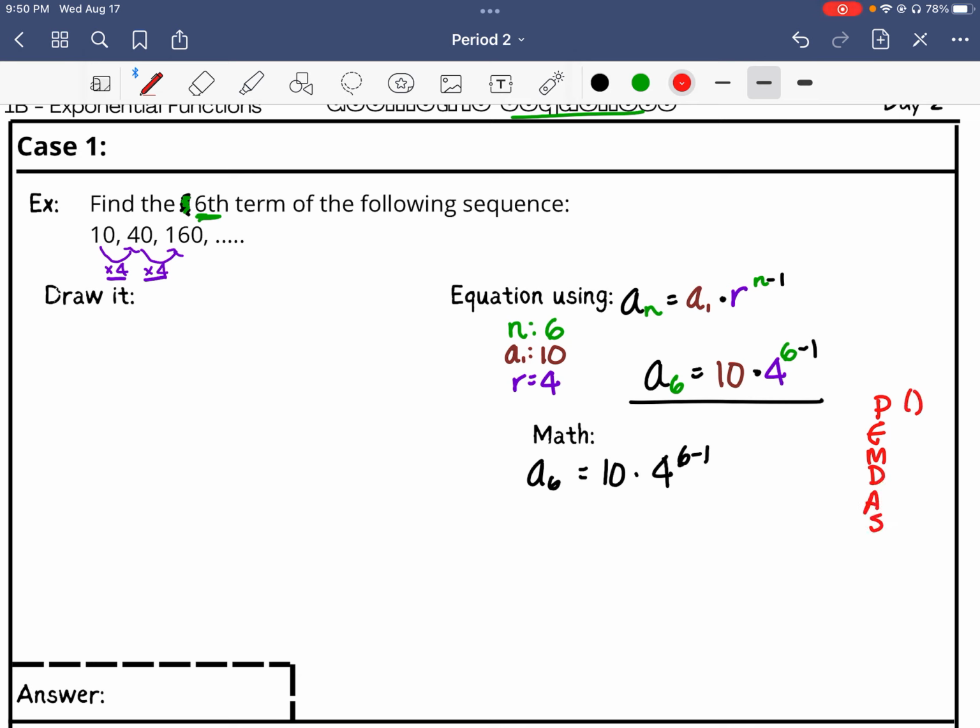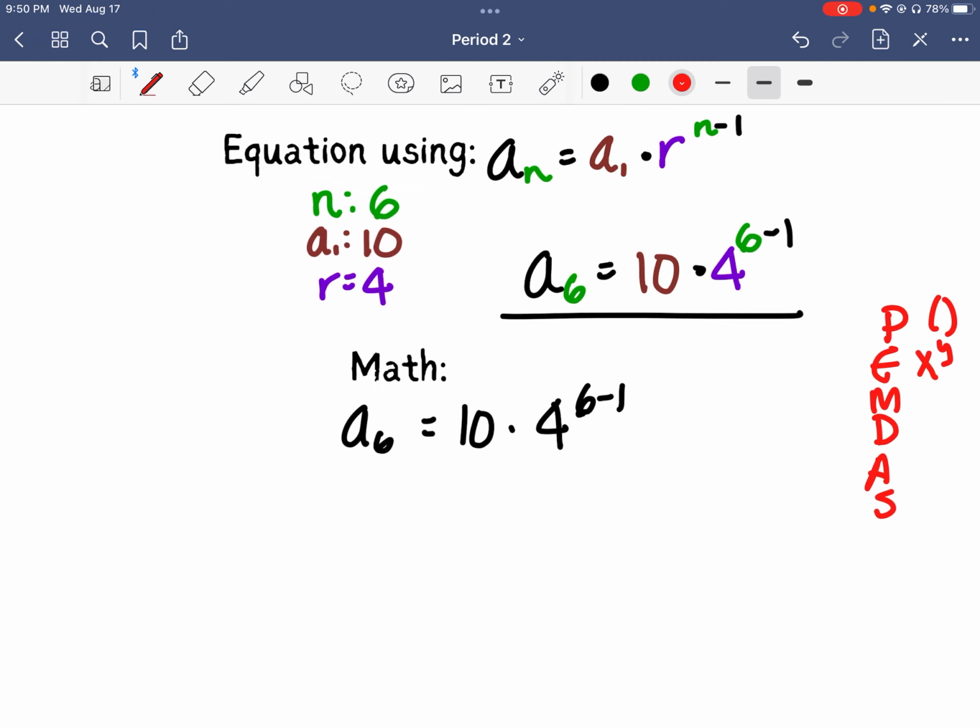First is parentheses, but I do not have any. The second is exponents. I have an exponent right here, but our exponent is an equation itself. So let's clean this up: 10 times 4 to the power of 5, since 6 minus 1 is 5. Now I don't know what 4 to the 5th power is, but I do know how to input it into a calculator.